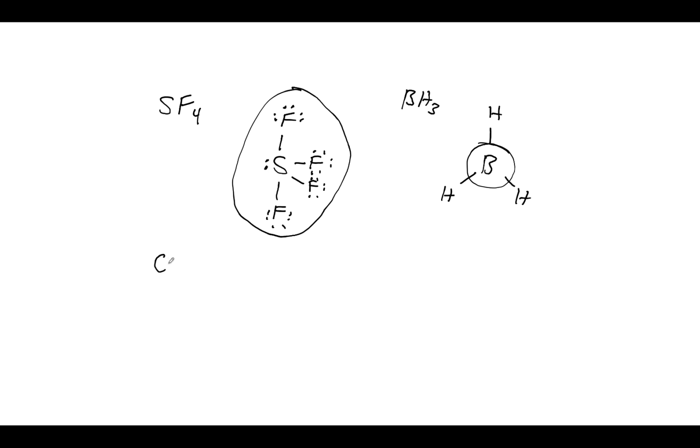The next one, CH3NH2, just looks like this. We've got C with 3 hydrogens attached. It's bound to the nitrogen, which has also got a couple of H's attached here. And we notice that in this case, we don't have anything that has an expanded octet.